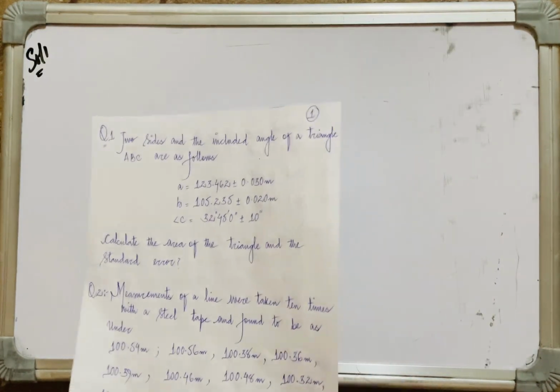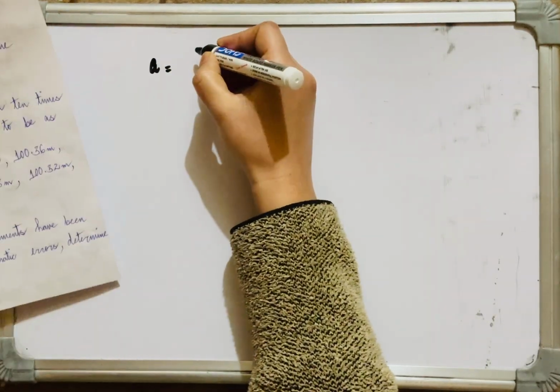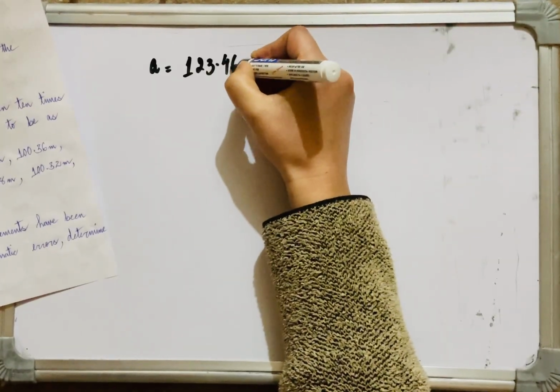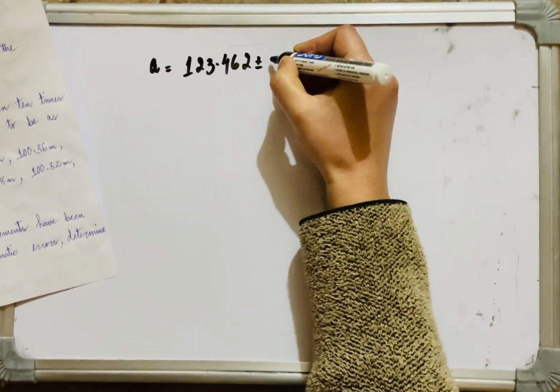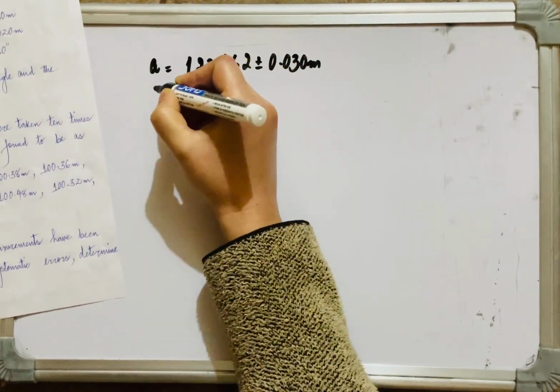All right, so let's do this question. A is 123.462 plus minus 0.030 meters, one side of the triangle.